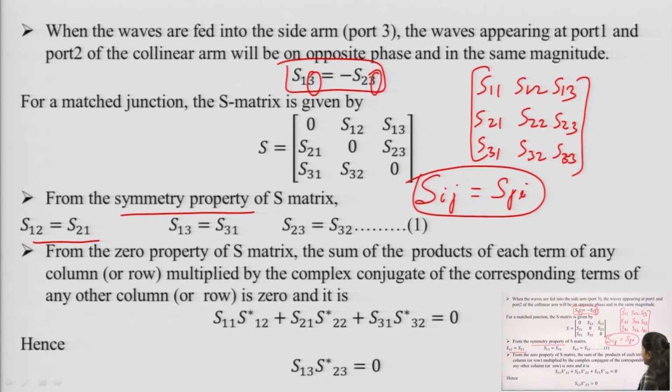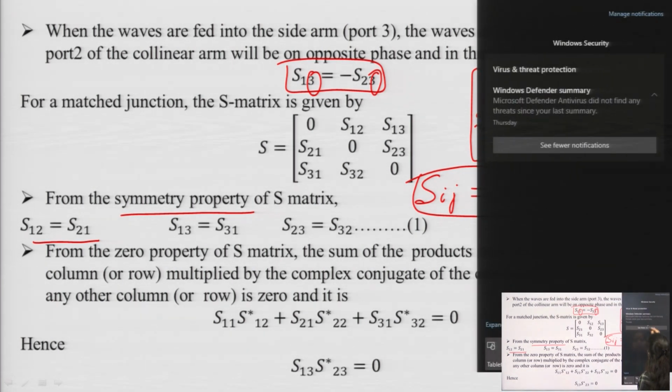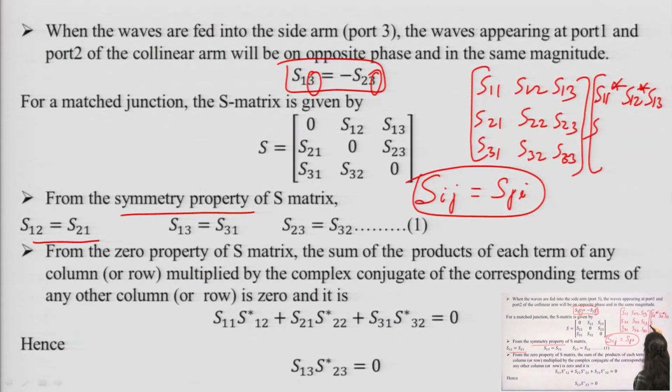This is a 1 is multiplied by the complex conjugate of the corresponding term. So let's see the complex conjugate. We have taken, and now we are multiplying it.